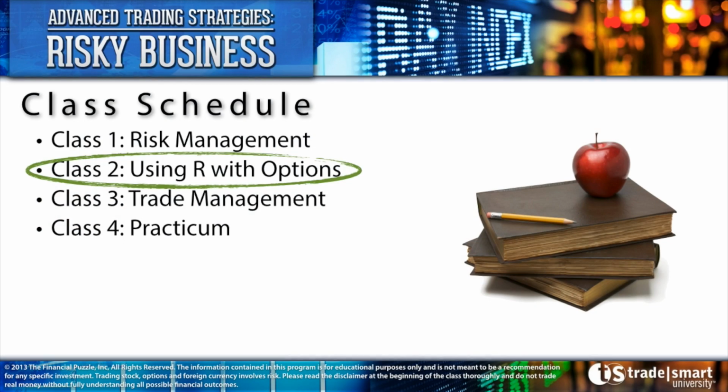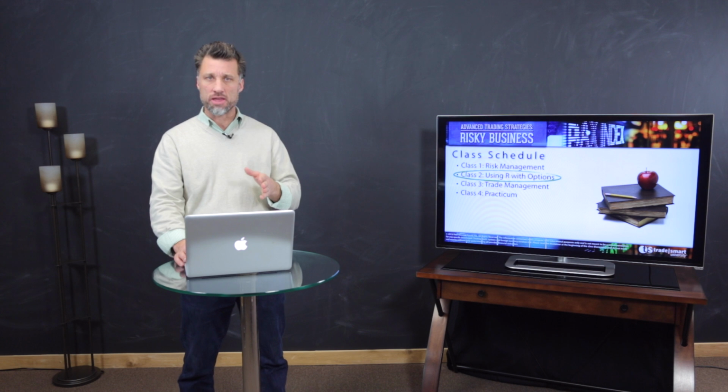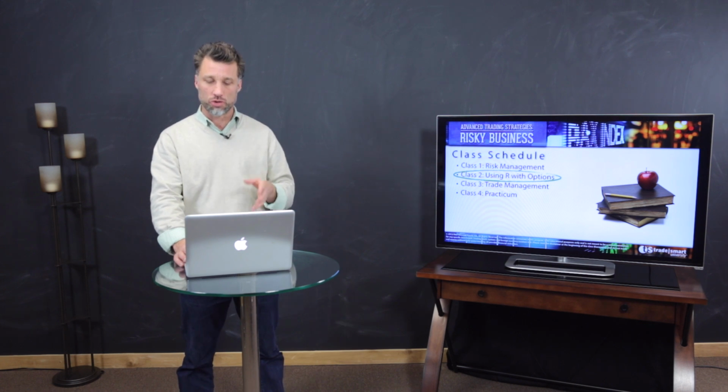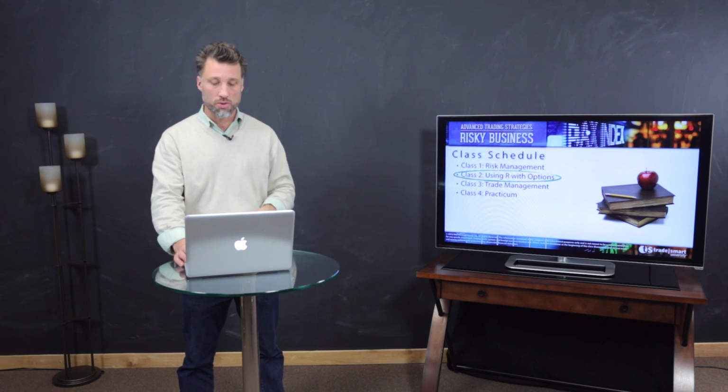Let's talk about the class schedule again. We covered risk management in Class 1. Tonight, in this second class, we're going to be discussing using R with options, because I found that many Tradesmart University students use options to trade directionally, puts and calls, rather than stock.